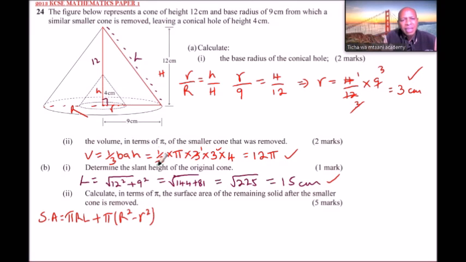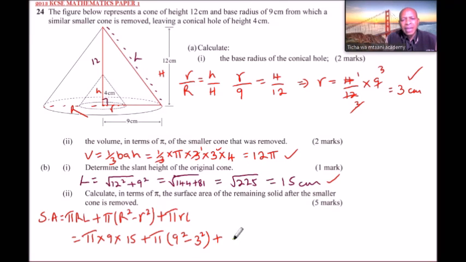That will give you the surface area, plus the surface area of the small cone, which is pi, now we use a small r and a small l. So that is equal to pi multiplied by 9 multiplied by 15, then we add pi times 9 squared minus 3 squared.